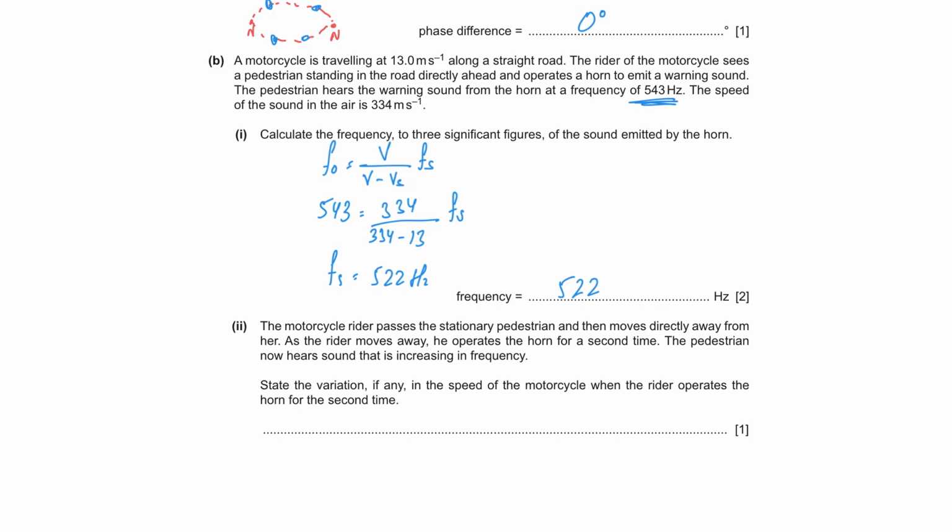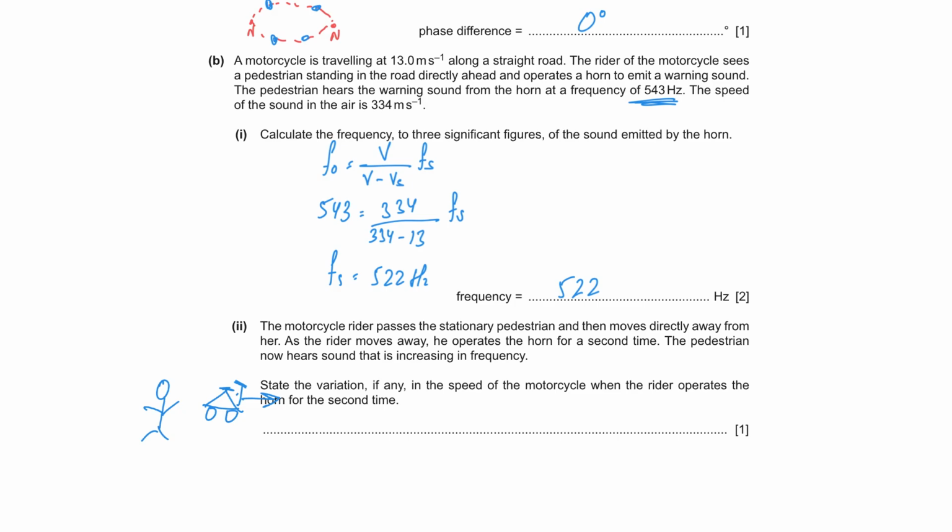What's happening here is, for the same pedestrian, the motorcyclist, a poorly drawn one though, is now moving away. When it's moving away, if it was traveling at a constant speed, the frequency that she would hear would be lower than the actual frequency, but it would be a constant value, a lower value but a constant value.